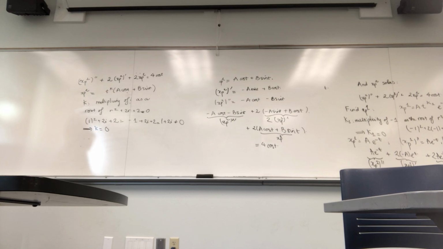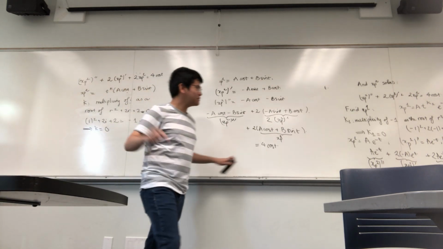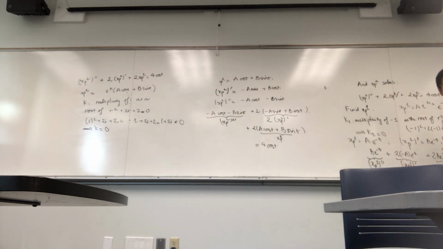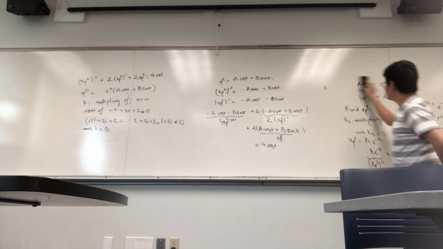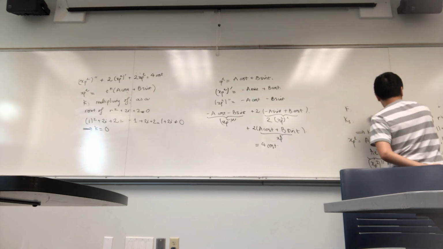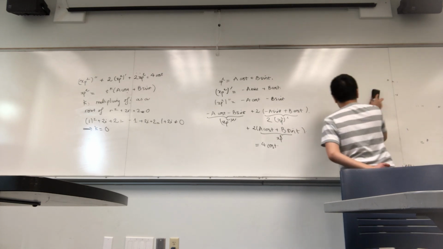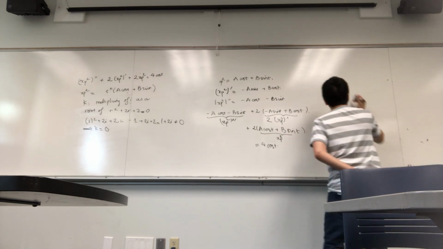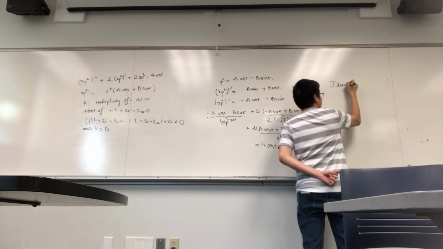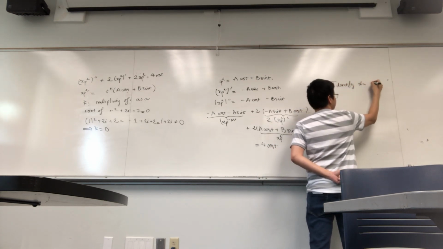How do I find a and b? Group all of the like cosine t's and all the sines. We use a similar method to the previous exercises. The name of this method is identifying the coefficient.